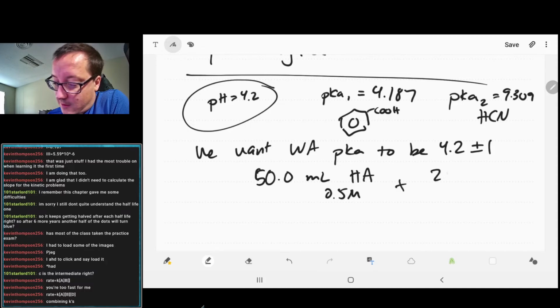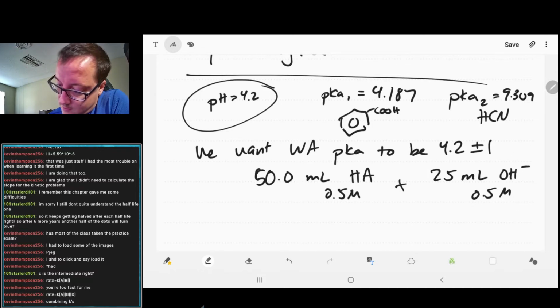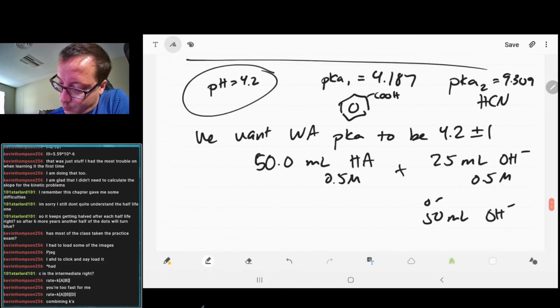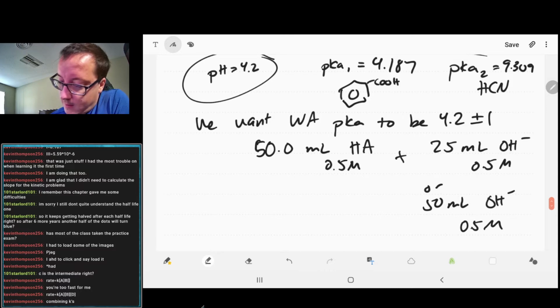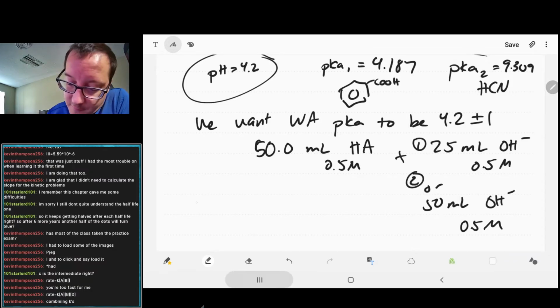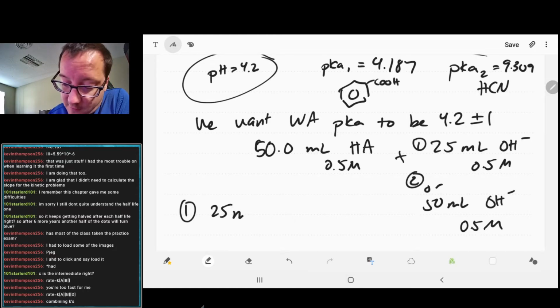And then we can either add 25 mLs of NaOH at 0.5 molar or 50 mLs at 0.5 molar. If we do the first case, the first case will end up giving us 25 mLs left, essentially.